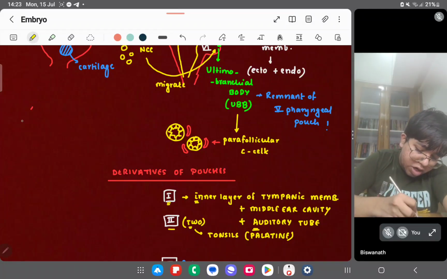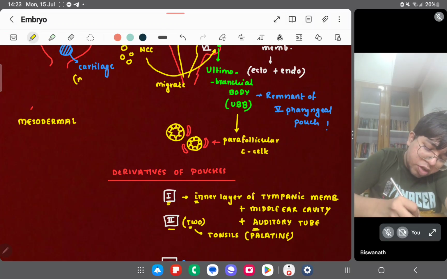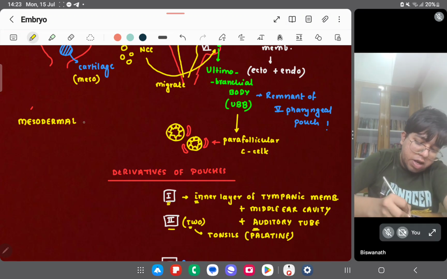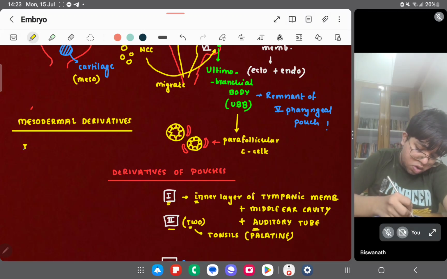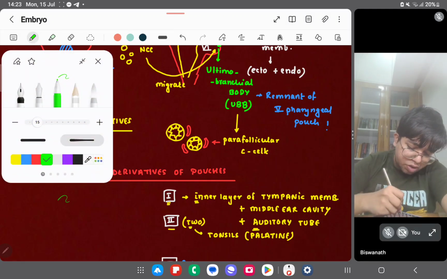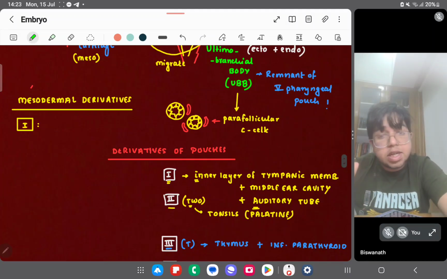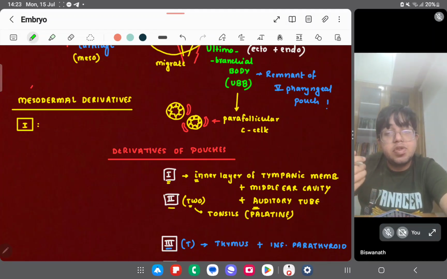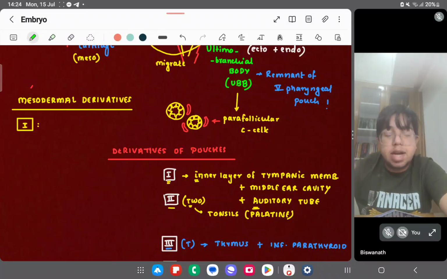So if I talk about the mesodermal derivatives, cartilage is a mesodermal derivative. So mesodermal derivatives, I have two in number. One, the first arch will give rise to a cartilage known as Meckel's cartilage.